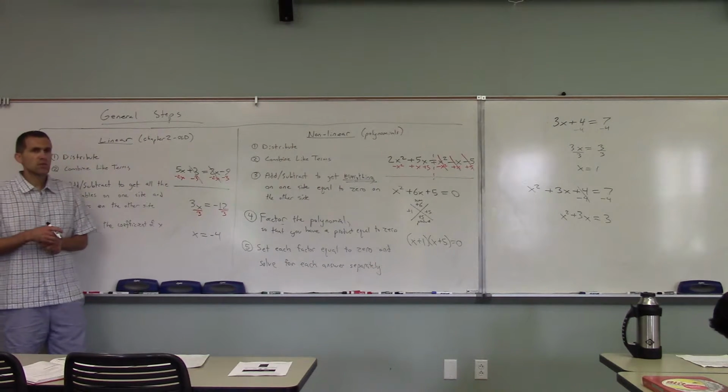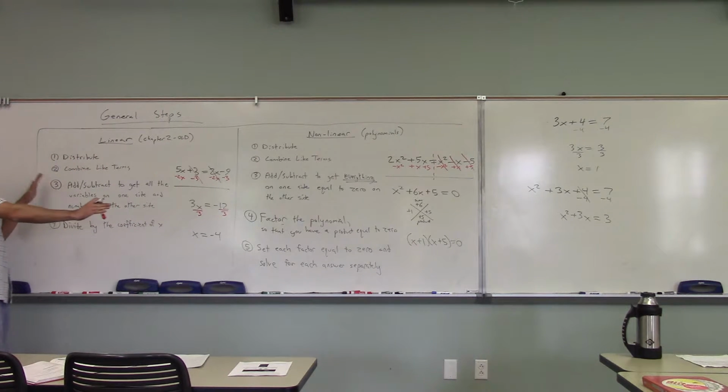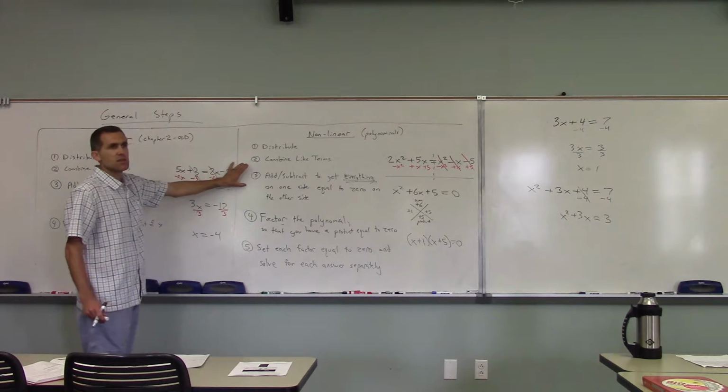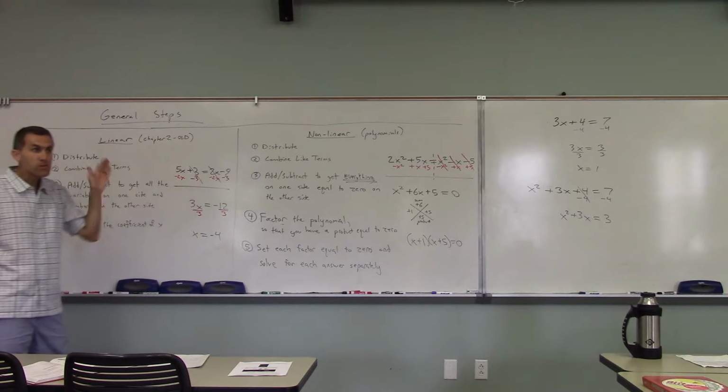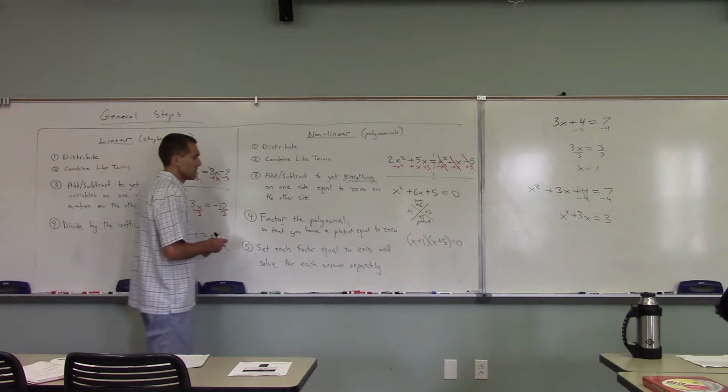Okay. So those last three steps are all that's different, and this is it. This is how you solve every equation you will ever encounter in math. This is if it's linear. This is if it's not linear. Okay? Every equation you come across, you can solve in one of these two ways.